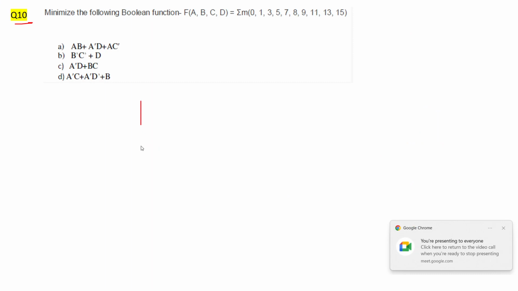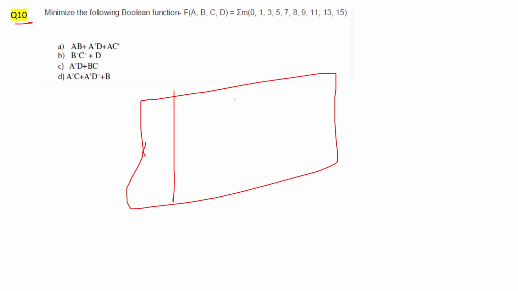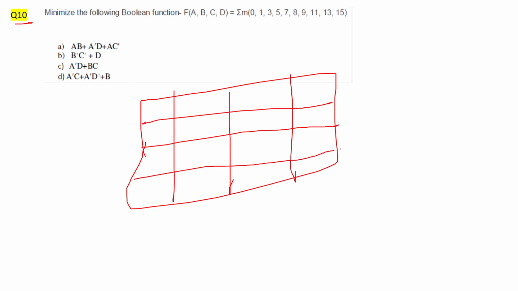So we have a 4 variable K-map. This is A, B, C, D, and we have to mark 0, 1, 3, 5, 7, 9, 11, 13, and 15.